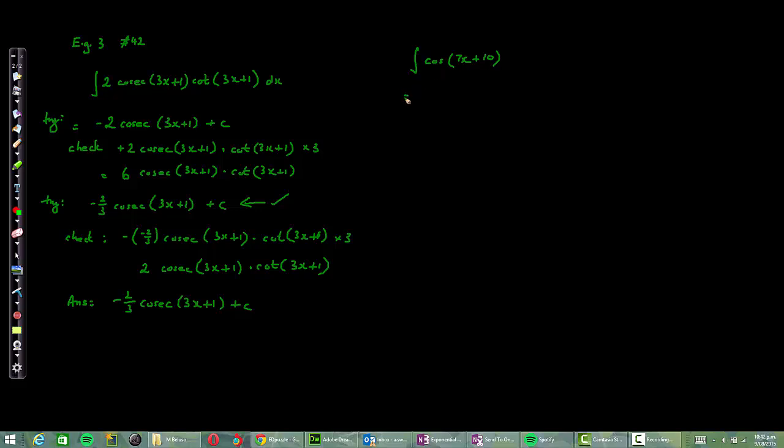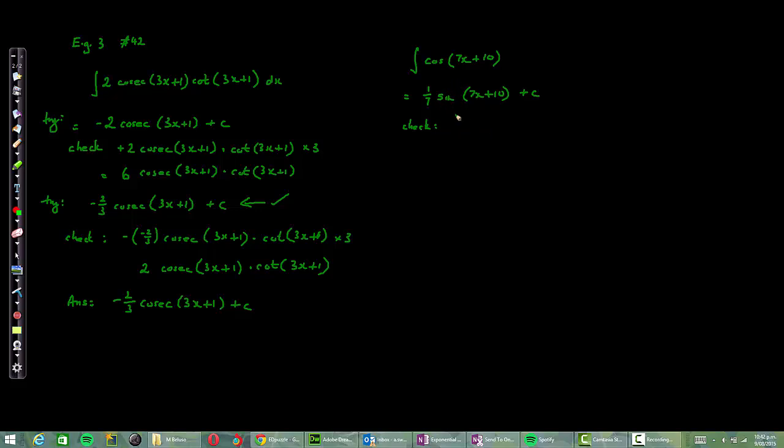So instead of doing try, derive, try, check, try again, check again, I'm going to go straight to saying, well, I reckon the answer is going to be, the integral of a cosine function is sine, 1/7 sine(7x + 10) plus c. I'm going to put that compensating 1/7 there for a start, and then I'm just going to check.